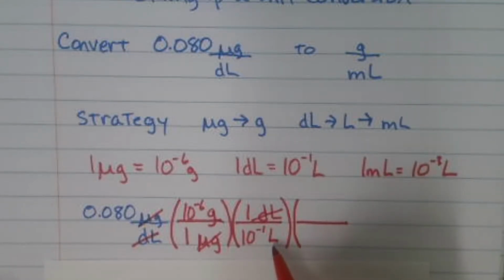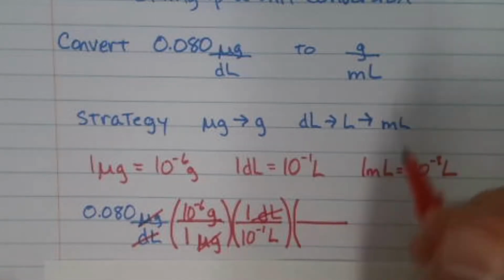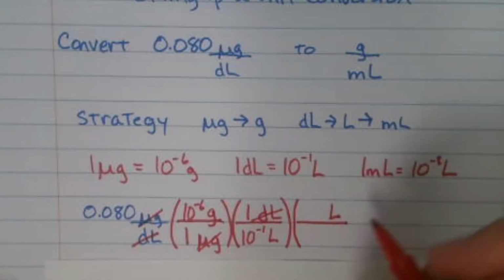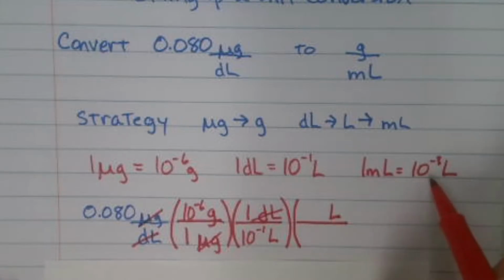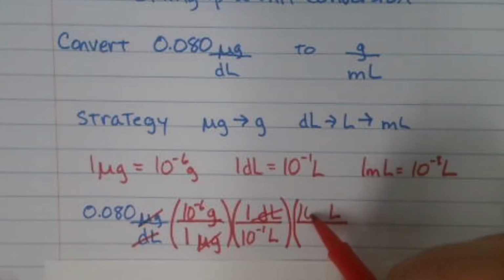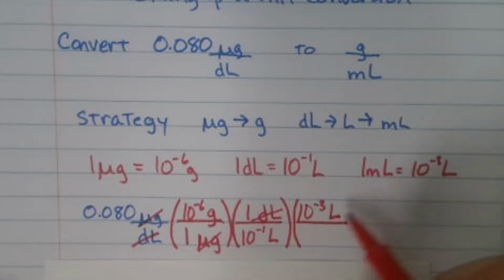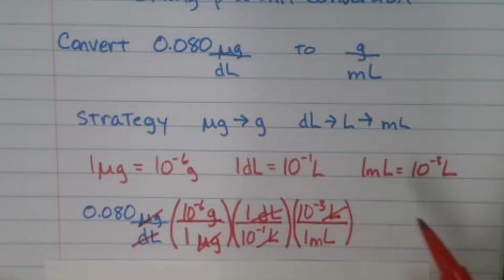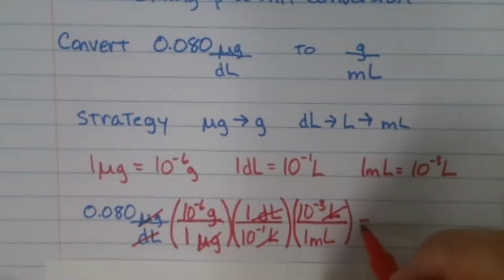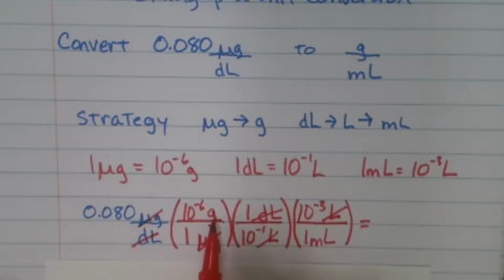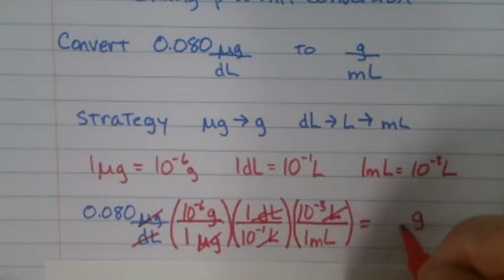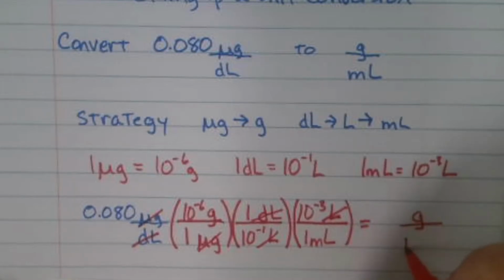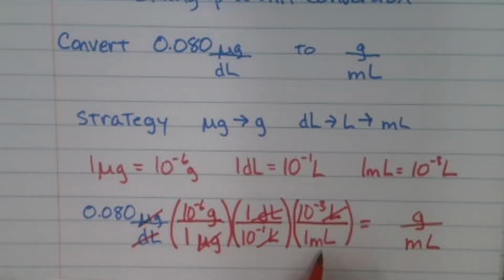The only unit that's left is liters, and since liters are on bottom, we want liters on top. And since we have this labeled 10 to the negative third, it would be 10 to the negative third liters, 1 milliliter on bottom. Liters cancels, top and bottom. So the only units that we have left over are grams and milliliters. Notice how grams are on top, milliliters are on bottom.